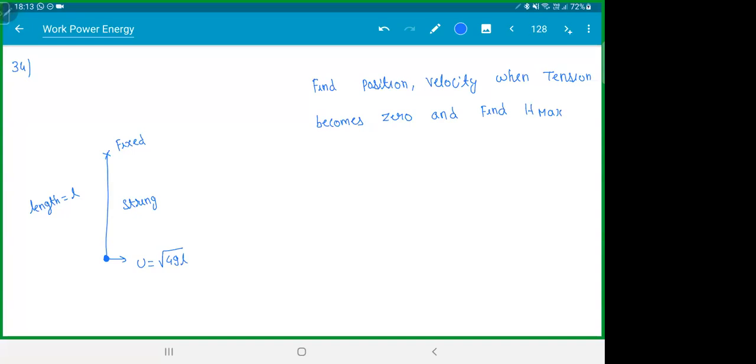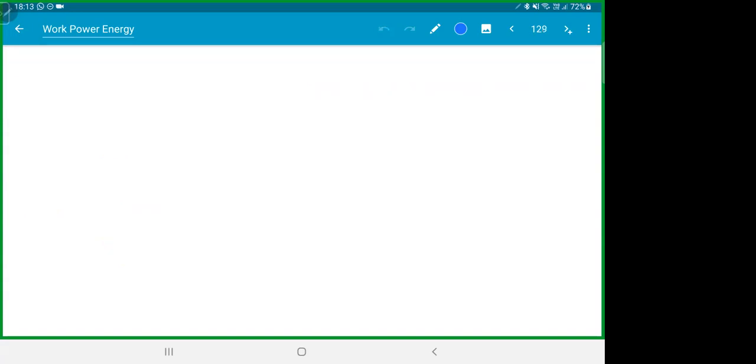Find the velocity and the position when the tension becomes 0. Try. Did you guys figure out the motion first of all? See, this is how the motion will be. This is the circle.